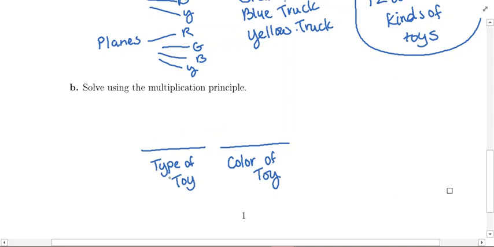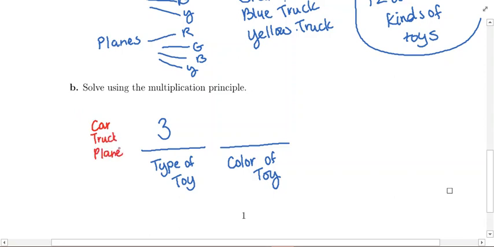All you have to do, because again, we're trying to come up with the total number of different types of toys that this company makes, is write down how many choices we have for each blank. So how many types of toys are possible? Well, there's 3 here, because we're choosing from car, truck, and plane.